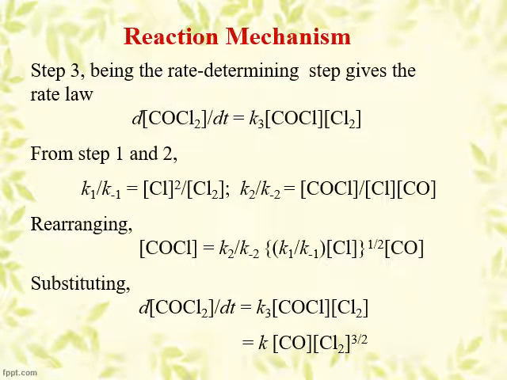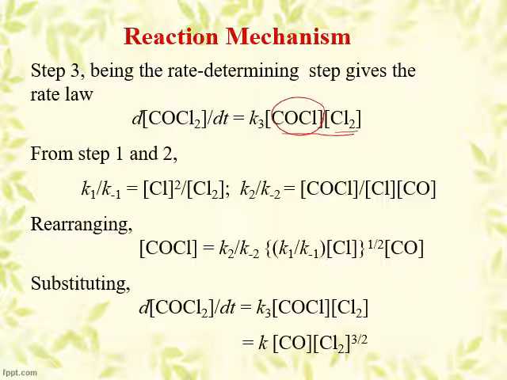So first of all, we write the rate law according to step 3. The rate of formation of phosgene, d[COCl2]/dt, is equivalent to k3[COCl][Cl2]. Now, COCl here is the intermediate. It's not shown in the overall reaction.